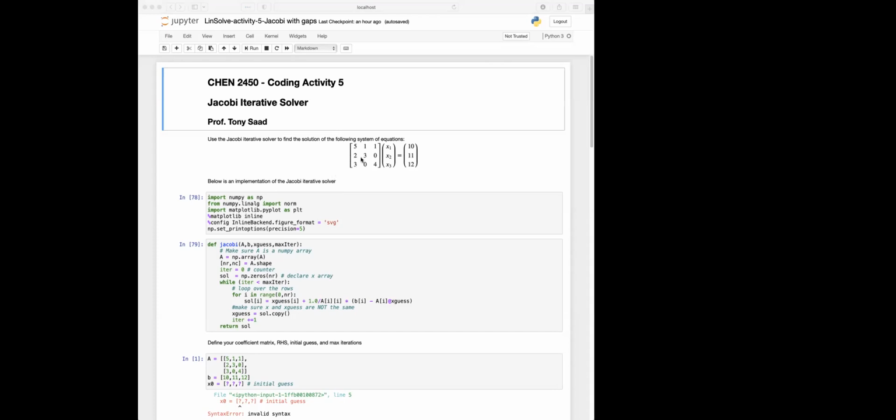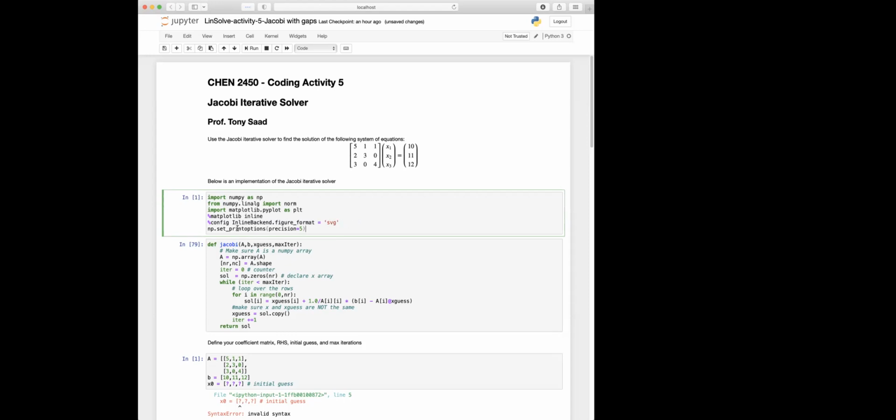All right, so we're starting with this system: 5x1 plus x2 plus x3 equals 10, 2x1 plus 3x2 equals 11, and 3x1 plus 4x3 equals 12. It is diagonally dominant. I set it up this way. I have the boilerplate over here already for you, import NumPy, etc. And that little tip I gave you last time about using scalable vector graphics.